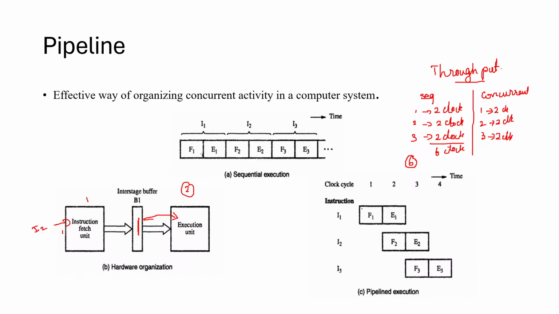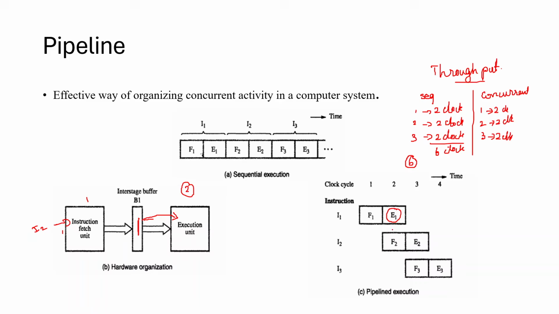Now I will show you how it increases the throughput. Consider the rows are instructions: instruction 1, instruction 2, instruction 3. The columns are the clock cycles. At clock cycle 1, instruction 1 is fetched. At clock cycle 2, instruction 1 goes to the execution unit.